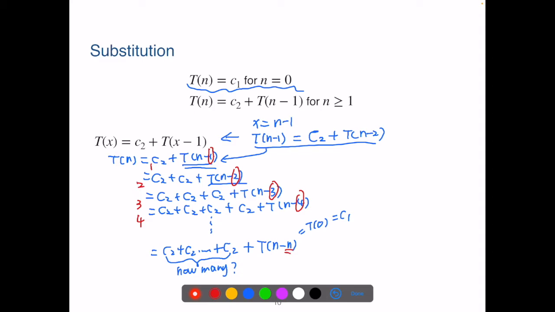So here, this is n, so we have n C2. So now we know the final form would be n C2 plus T0, that will be C1. So that's the closed form of Tn. And we also know now this belongs to theta n.